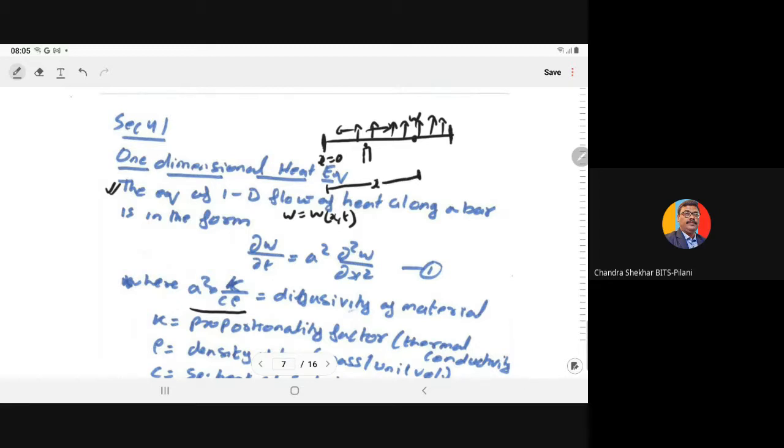This point is at distance x from the one end. At this point we compute the temperature W, which is a function of t, that is, at position x after time t.